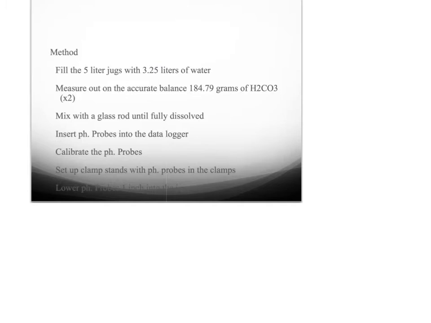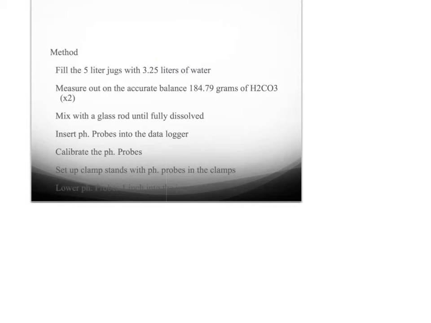To perform this experiment, we fill our 5-liter jugs with 3.25 liters of water each. We measure out on the accurate balance 184.79 grams of hydrogen bicarbonate in two separate watch glasses, and we mix them with a glass rod into their containers until they're fully dissolved. Then we connect our pH probes to the data logger and calibrate them.